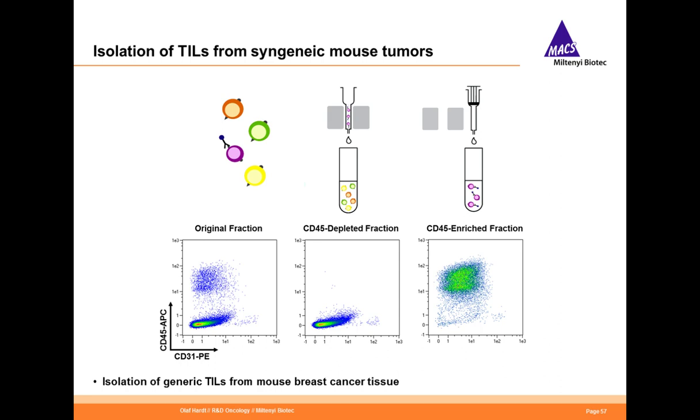So now coming to the last topic, and this is the isolation of tumor infiltrating blood cells or leukocytes from tumor tissue. And let's start with syngeneic mouse tumors, because they are the most frequently used model system right now to analyze, for example, in immuno-oncology. And this now is an example for the positive selection.